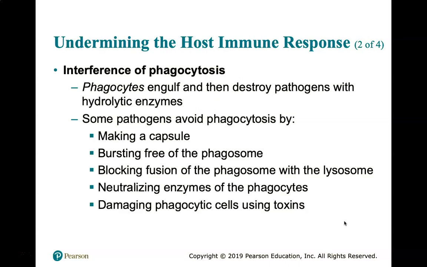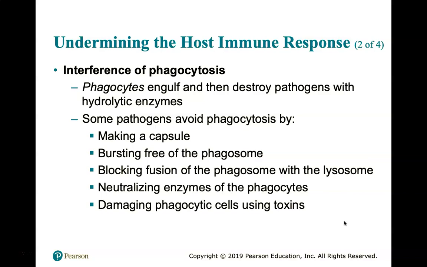So some examples of interference with phagocytosis. Phagocytes are going to engulf and destroy using enzymes, as I mentioned, but some pathogens can avoid phagocytosis by making a capsule, bursting free of the phagosome. The phagosome is kind of a bubble inside of the white blood cell that has specific enzymes in it.